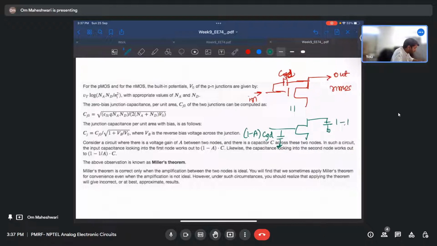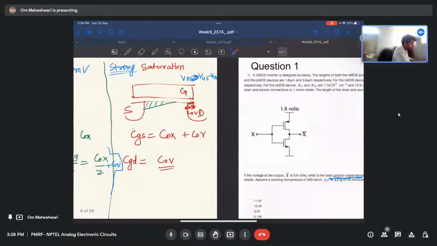So this coupling capacitance between input and output is resolved as 1 minus A times CGD at the input, where A is the gain of the circuit, and 1 minus 1 by A times CGD at the output. So this is Miller's theorem. We will use this to solve this question.